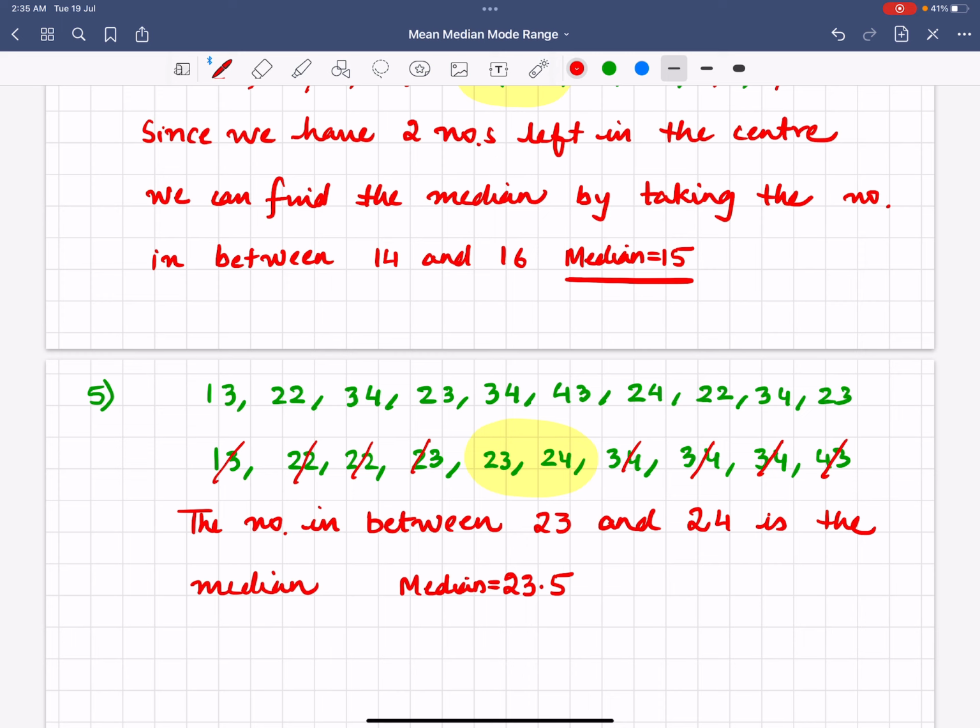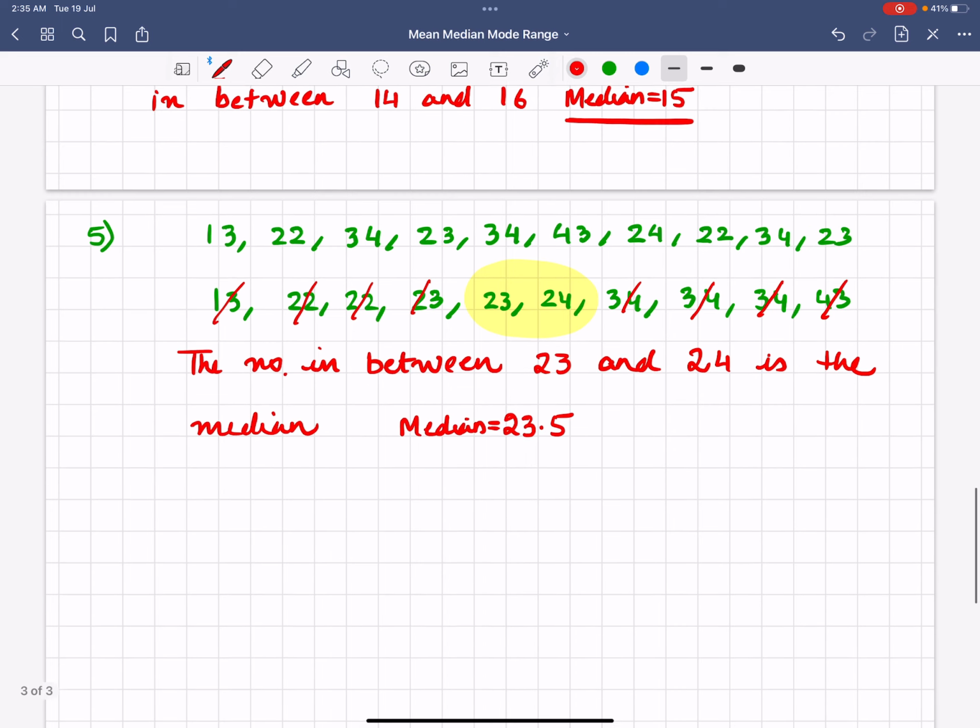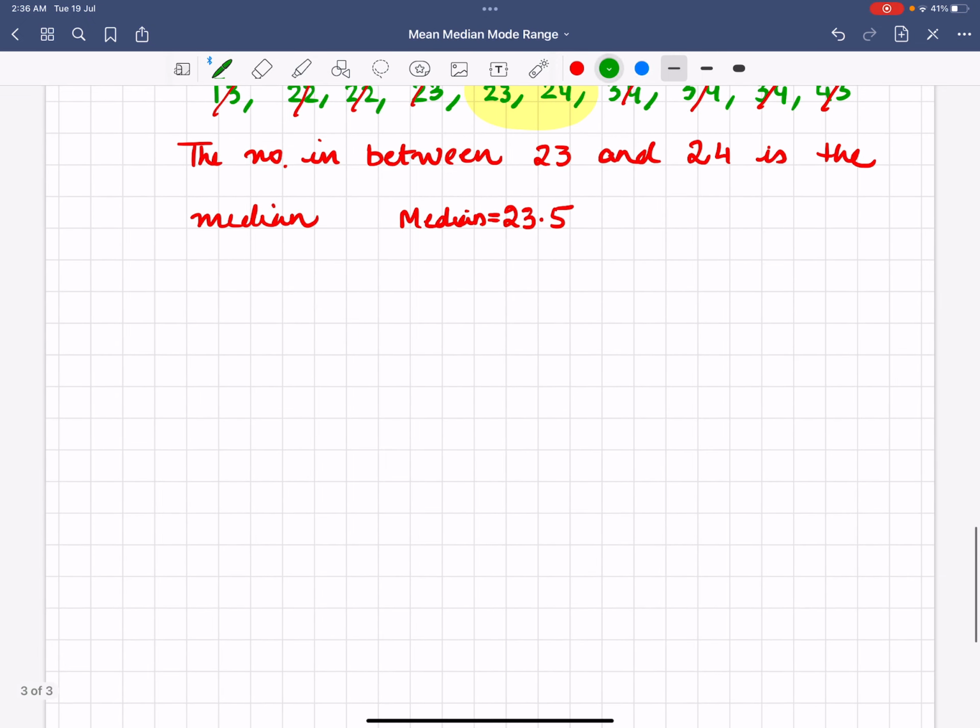Okay. Moving on to the next objective, the third objective of our lesson, the range. So what do we mean by range? The range is the difference between the highest value and the lowest value. So let's write the definition.